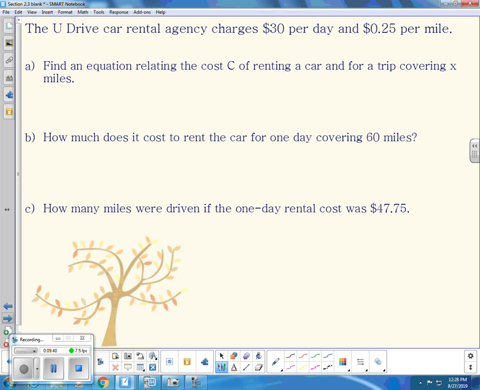The miles, right? So that's going to be our x. This is your m. Your starting amount, let's not worry about per day. These are just one daily rentals. So the cost of the car is 25 cents a mile plus $30. Right?